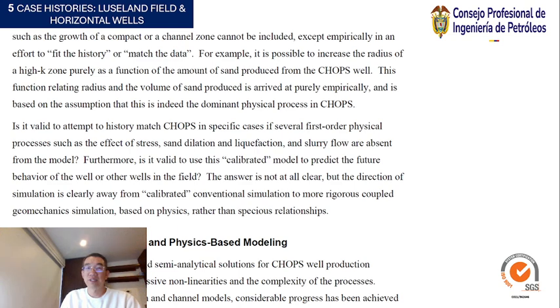For example, it is possible to increase the radius of a high-K zone purely as a function of the amount of sand produced from the CHOPS well. This function, relating radius and volume of sand produced, is arrived at purely empirically, and is based on the assumption that this is indeed the dominant physical process in CHOPS.